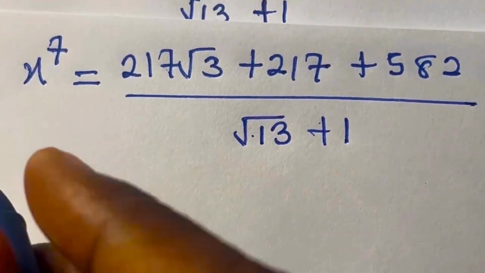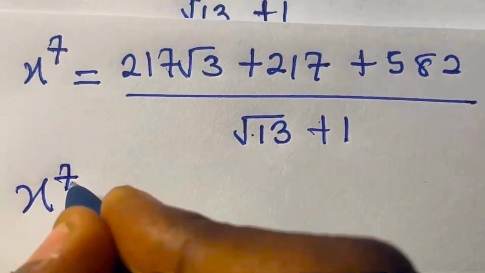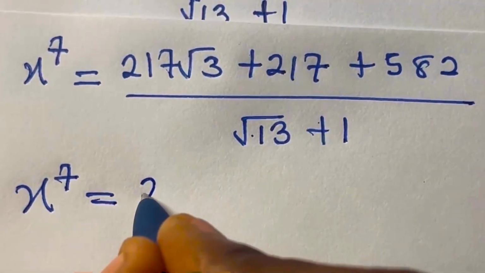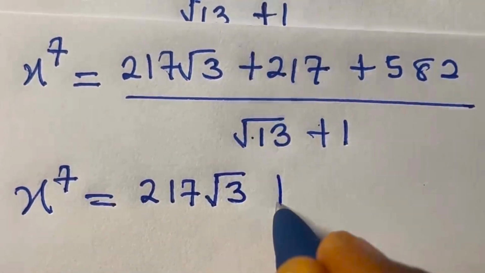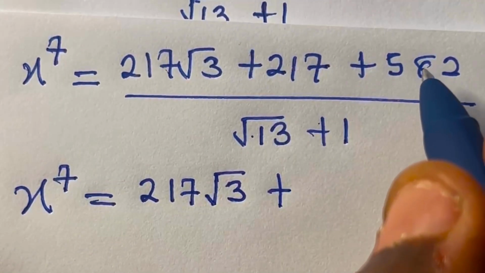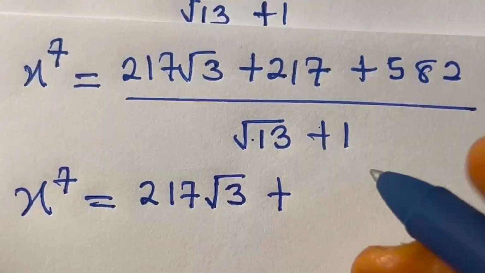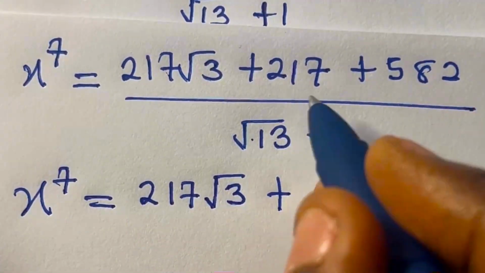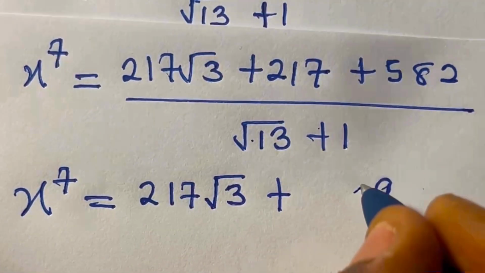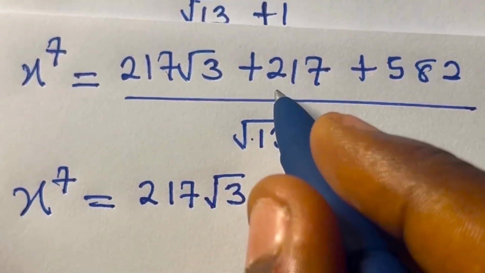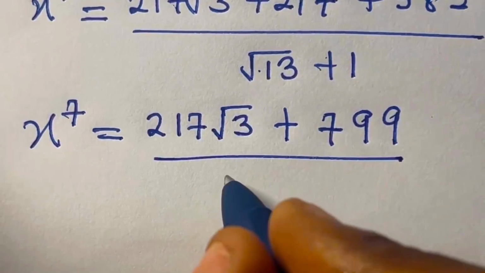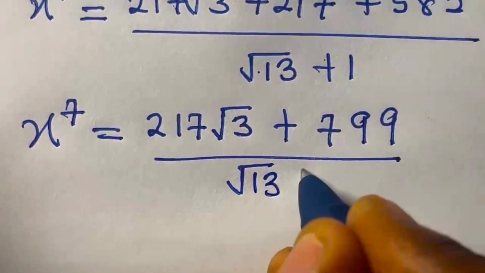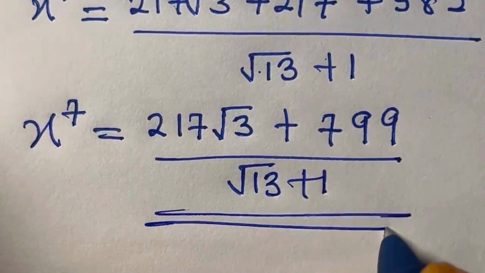All right, so therefore we have x raised to the power 7 equals 217 root 13 plus, let's add this together, 217 plus 582, that is 799, divided by square root of 13 plus 1. Guys, this is our final answer.